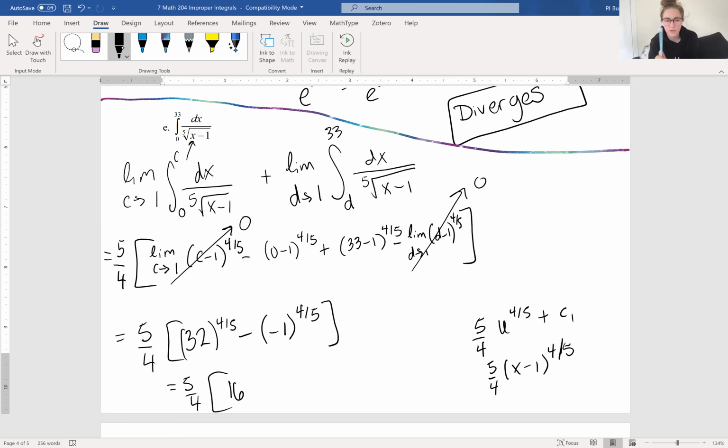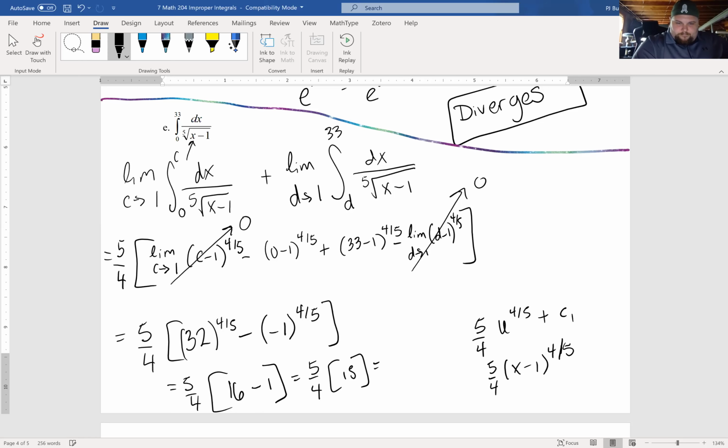Would it just end up being +1? It'll just be 1, and then there's that minus sign already, right? So that's what, 75/4?